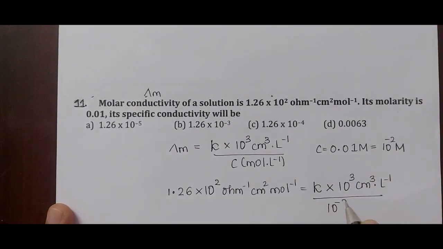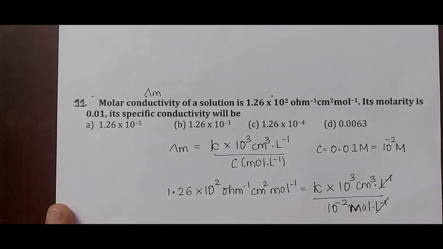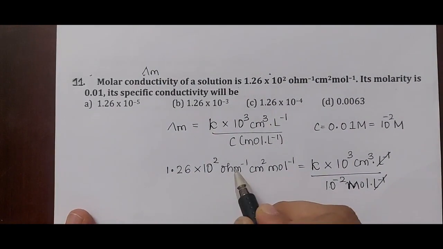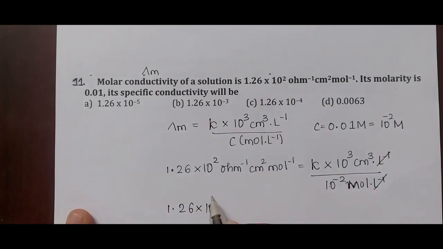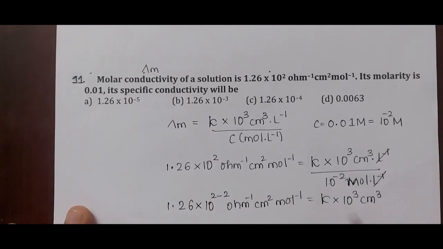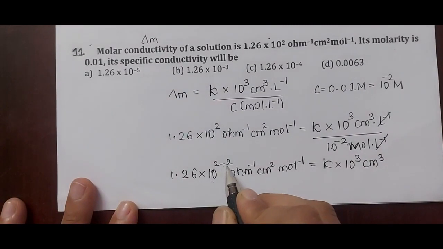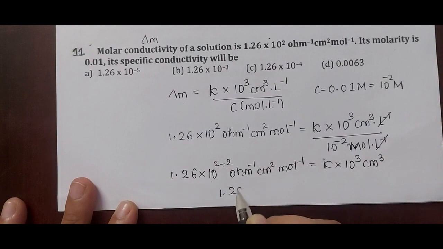So 10 to the power minus 2 molar is nothing but mole per liter. Per liter gets cancelled. If we send it to the other side, it becomes 1.26 into 10 to the power 2 into 10 to the power minus 2 per ohm centimeter square per mole, which is equal to kappa into 10 to the power 3 centimeter cube. Here 2 minus 2 is 0.